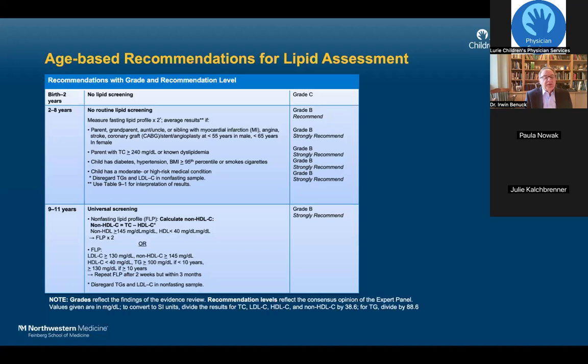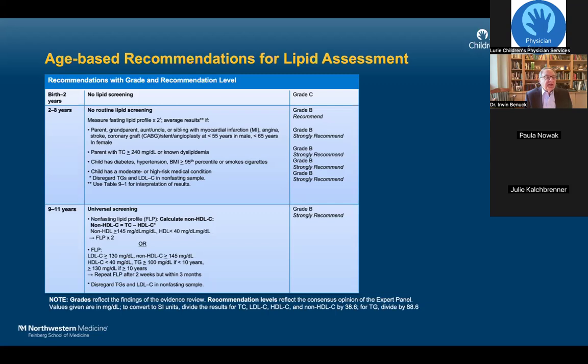Between 2 and 8, we will see these children. And again, there are criteria for children to be screened between 2 and 8, but it's very selective screening. When there's a big family history, or the child has diabetes, or obesity, or hypertension, in those categories, we will screen the child before 9 years of age. And as Dr. Batista said yesterday, that has to be a fasting lipid profile and not just your general screening.